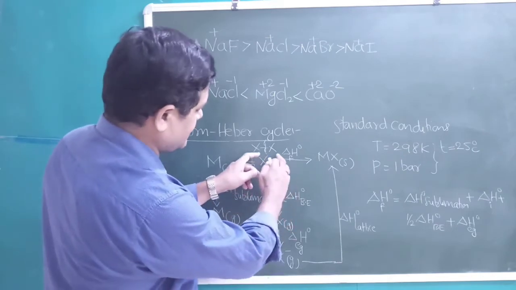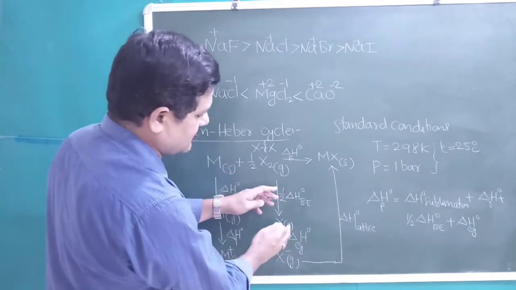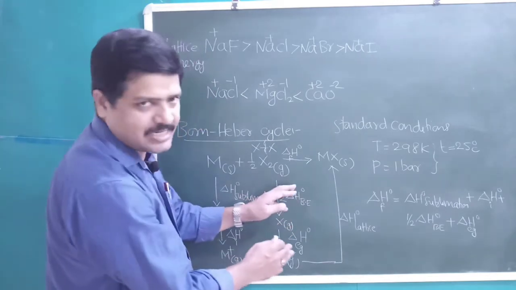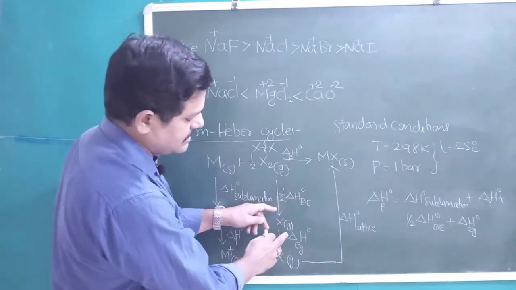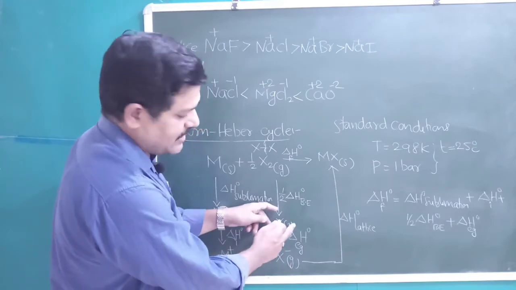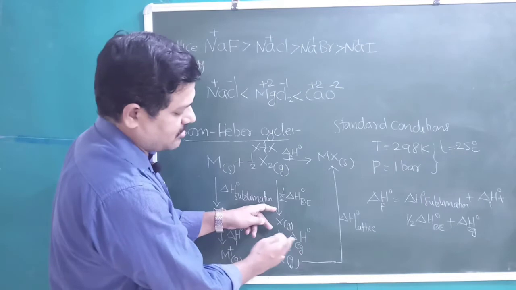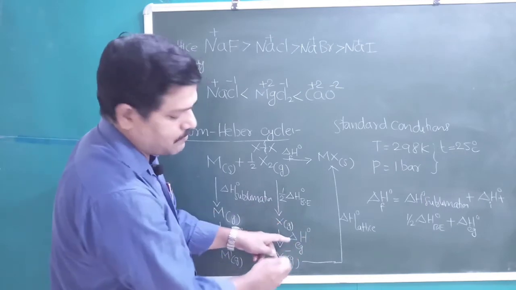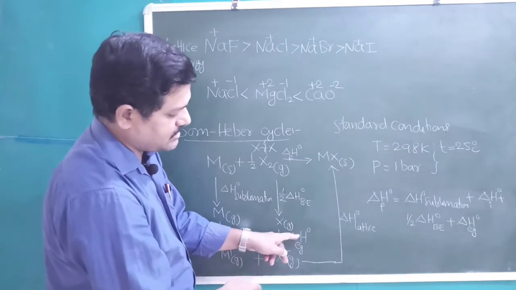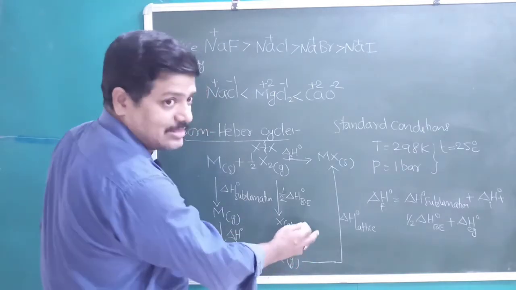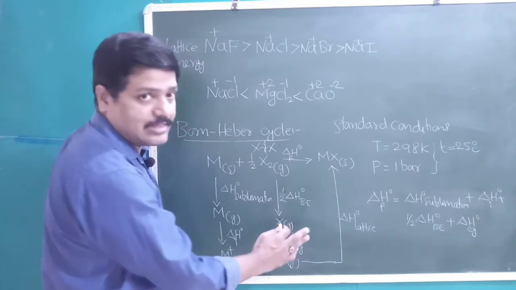After converting X2 gas into X gas at the atomic state, we can also call this the enthalpy of atomization. Then X gas should be converted into X minus gas. When it gains one electron, the enthalpy change accompanied with that process is called the electron gain enthalpy.